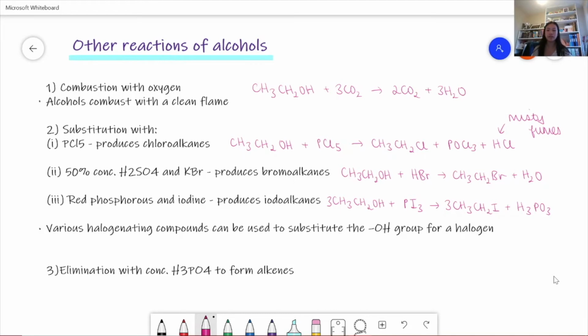And then the third reaction we're going to look at is the elimination with concentrated phosphoric acid to form alkenes.